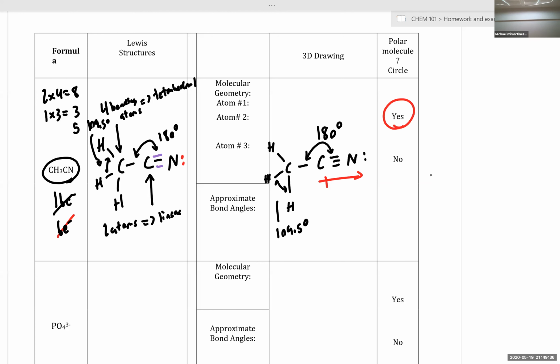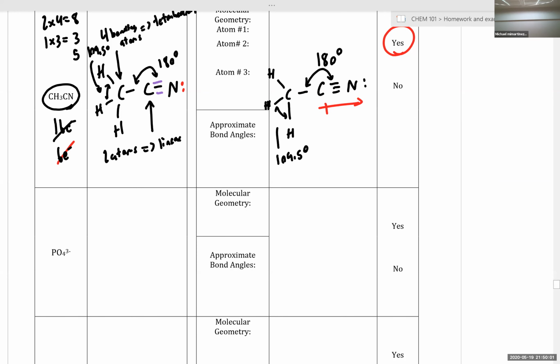Does that make sense? And if it's nonpolar, then it has either symmetrically arranged polar bonds, or it has bonds with no significant dipole, such as a carbon-hydrogen bond, for example. Does that make sense? Perfect.